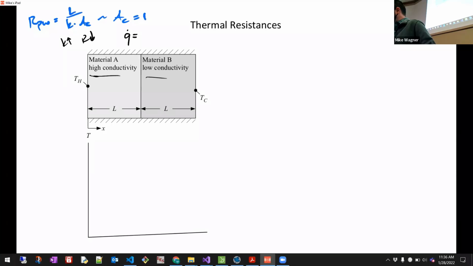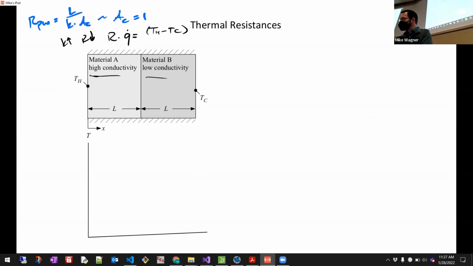Then our rate equation is TH minus TC over R. So if R is low and Q is fixed, you can bring this over here. What does that say about our temperature difference? If R is low and Q is fixed, then our temperature difference has to be low as well.